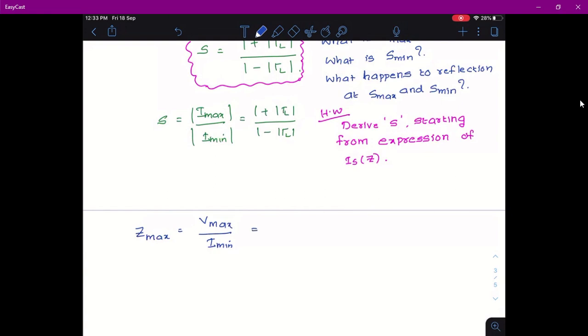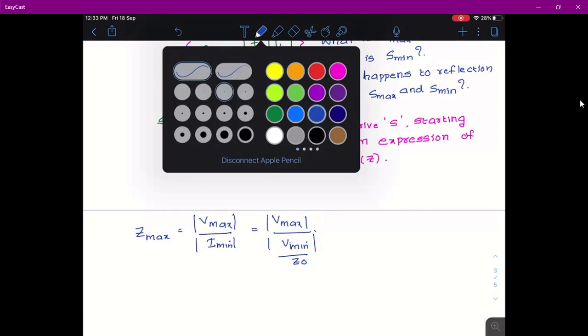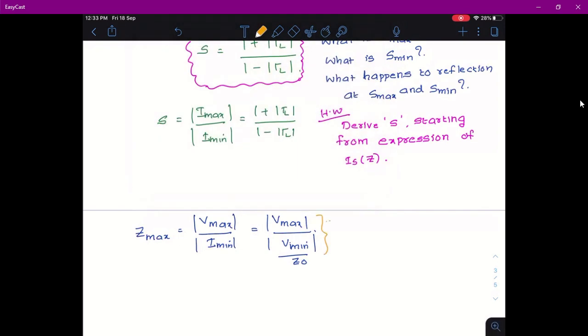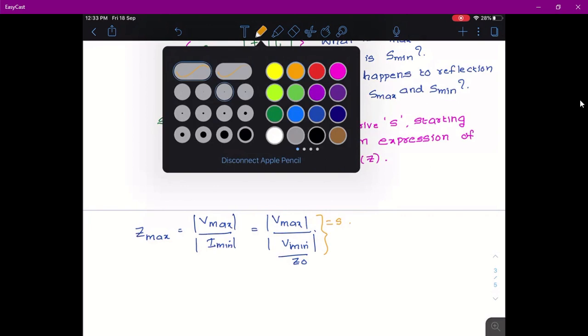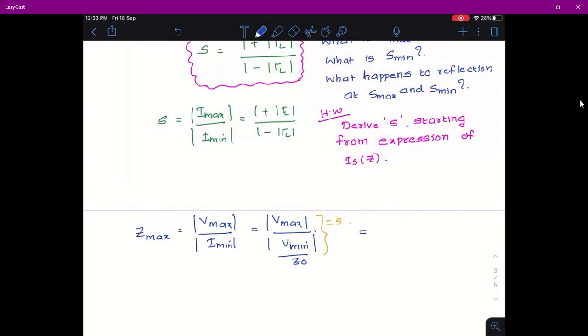So, I can write this as the magnitude of V max divided by I min, and I min will happen when there is V min divided by Z0. We also said that the voltage and current are related by the characteristic impedance. So, I min is equal to V min by Z0, but we also know that V max by V min is actually the VSWR. So, I can write this as Z0 into S.